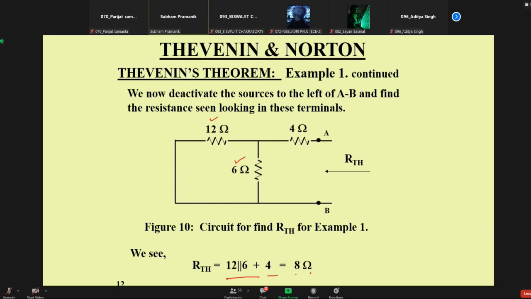So finally we get 8 ohm: 12 parallel 6 means 12 into 6 divided by 12 plus 6, so that is 72 by 18, which is 4. 4 plus 4 is 8. Hopefully there is no problem up to this because you have already studied this kind of thing before.